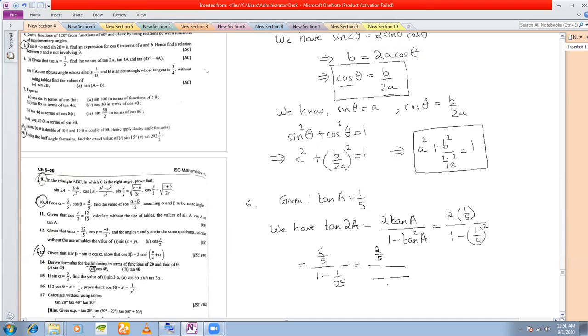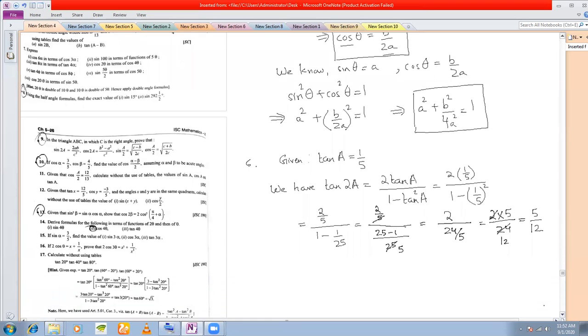In the denominator, I have 25 minus 1, which is 24 by 25. The 2 will cancel, so you will get 2 by 24 by 5, which is 2 into 5 divided by 24. Just 5 by 12. So you've got the value of tan 2A.